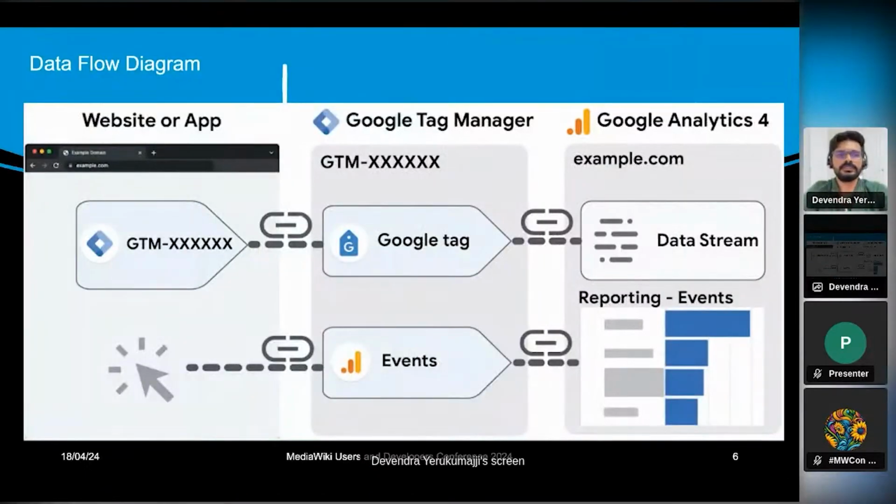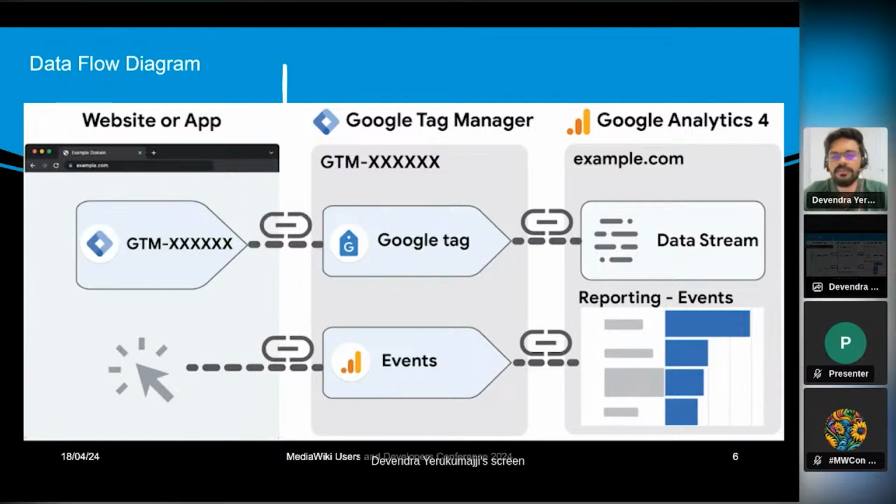This is the data flow diagram showing how the data is sent to Google Analytics from our website. First we need to create a Google Tag container that needs to be installed on our site.